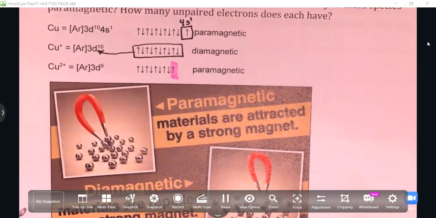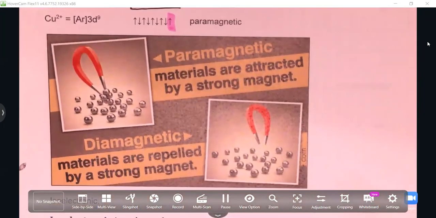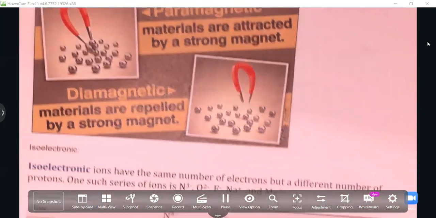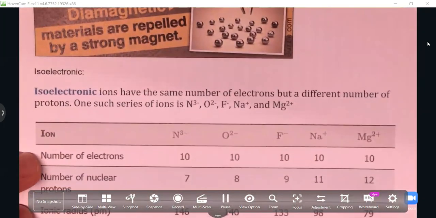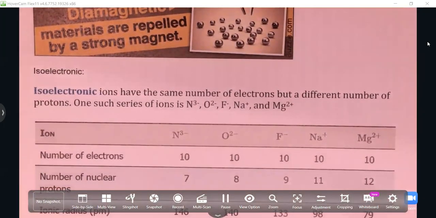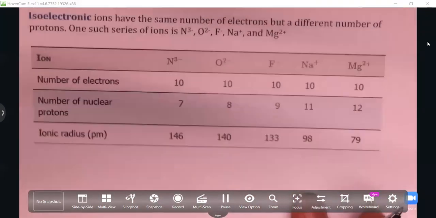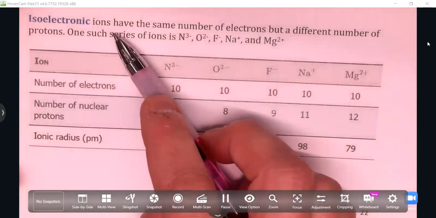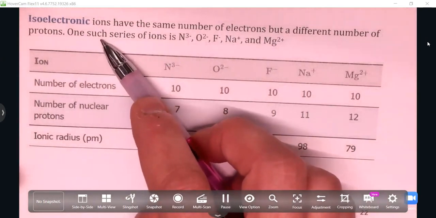Okay. I'm not a fan of this. I guess it's in there, but isoelectronic. Not a big fan, but it's a concept that the boss tells me to cover, so we'll cover it.